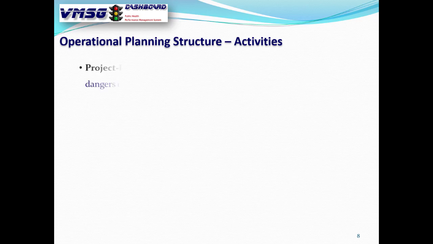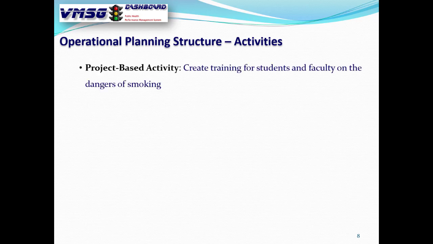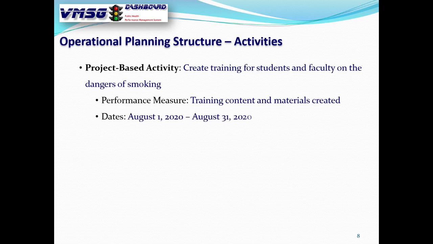Project-based activities have an activity statement describing what is to be done. In this case, create training for students and faculty on the dangers of smoking. A performance metric, which just answers the question, how will we know when we've successfully completed the activity? In this case, we'll know by the training content and materials have been created. A date range within which the activity will be completed.